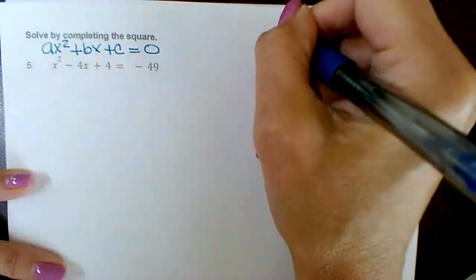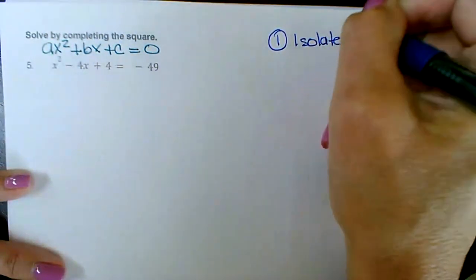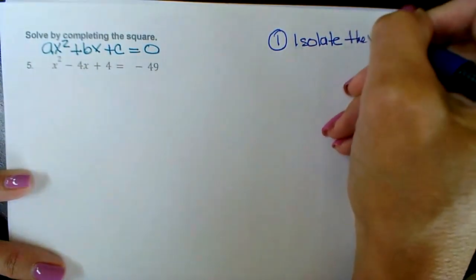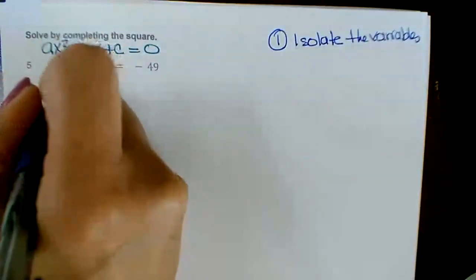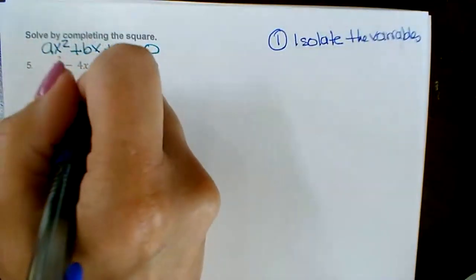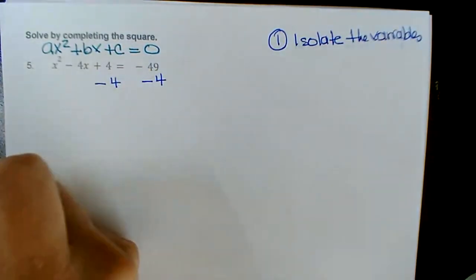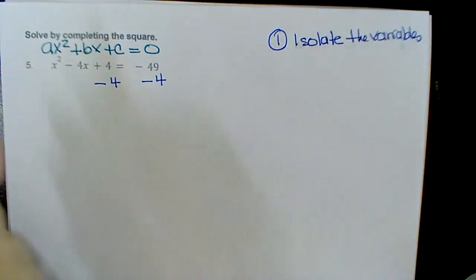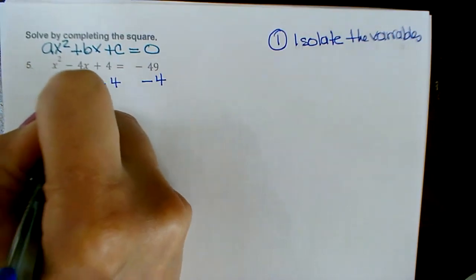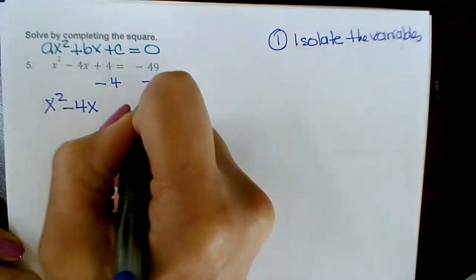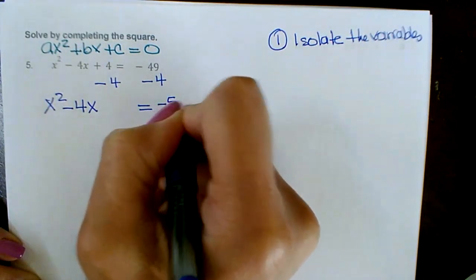The first thing that we're going to do is isolate the variables. So we're going to subtract the 4 on both sides, right? So I'm going to get x squared minus 4x equals negative 53.